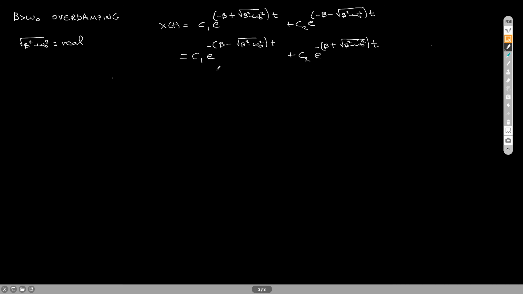Now, this is what I have. Other than the two constants, I have e to the minus a number times t and e to the minus a slightly different number times t. So the important thing is that both of these have the following form: e to the minus something times t.